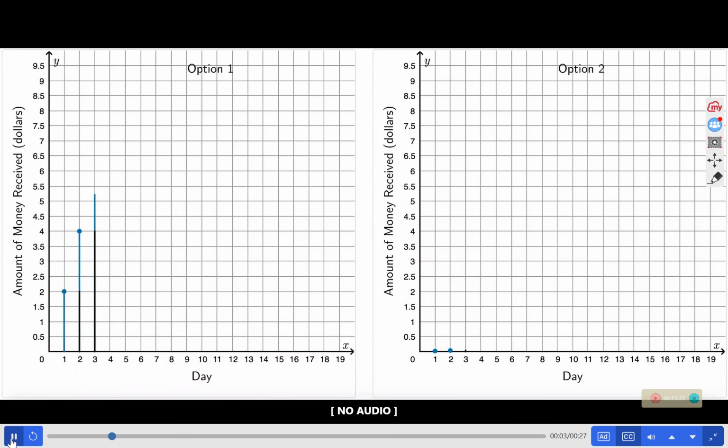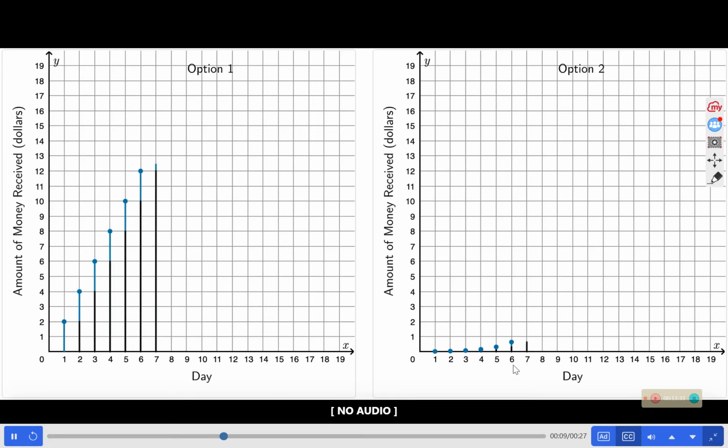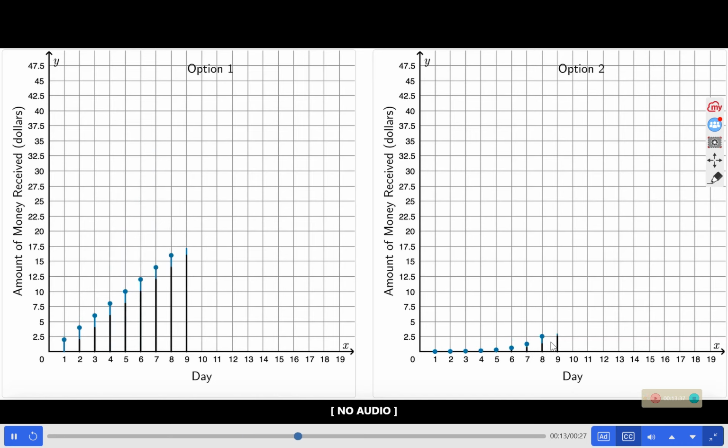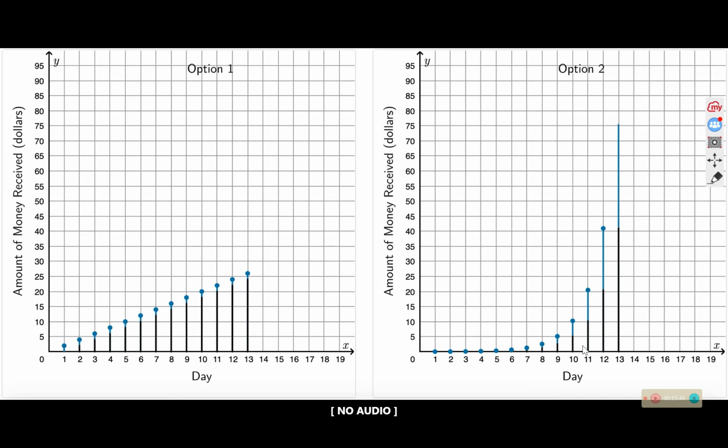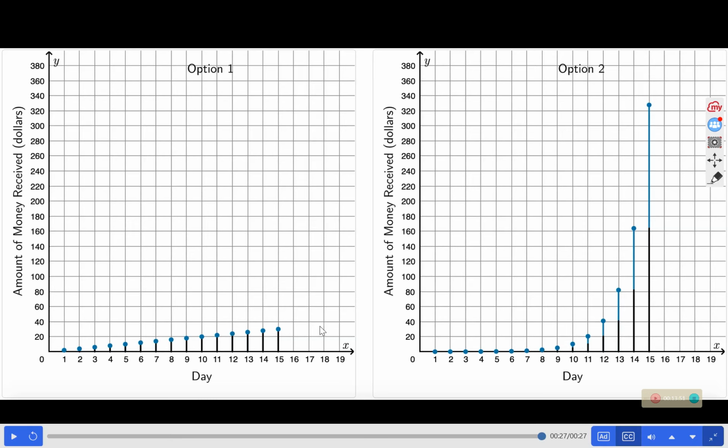Here we see in option 1, it's growing by $2 every day. And in option 2, it's doubling each time. And then towards the end, it starts doubling, and it looks a lot higher than the money in option 1.